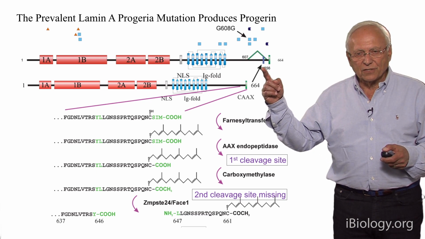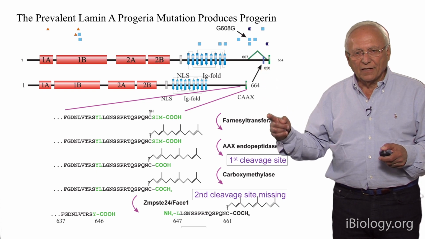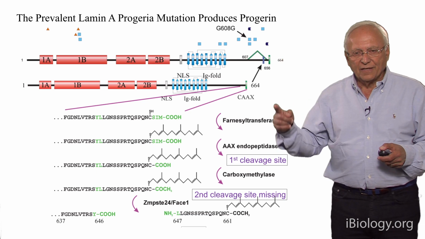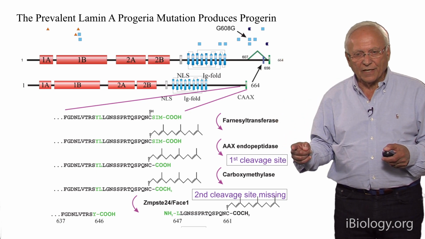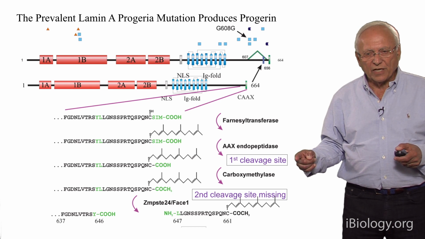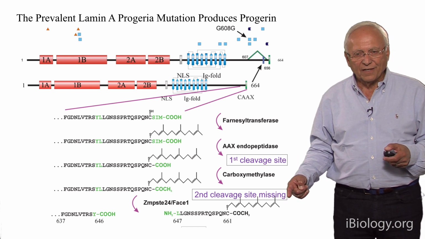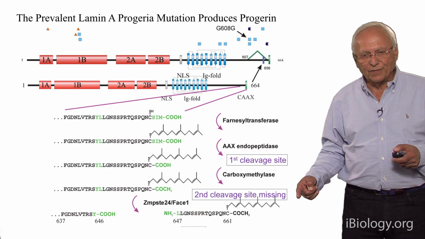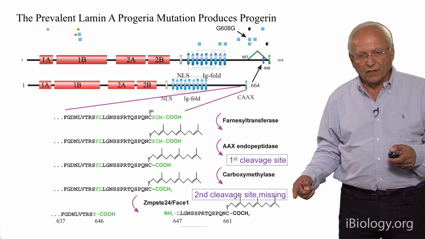So because of this truncation, the protein that's produced, progerin, is in fact permanently farnesylated, because that first cleavage site is retained normally, but the second cleavage site, which should remove the farnesylated, methylated C-terminus, is not available.